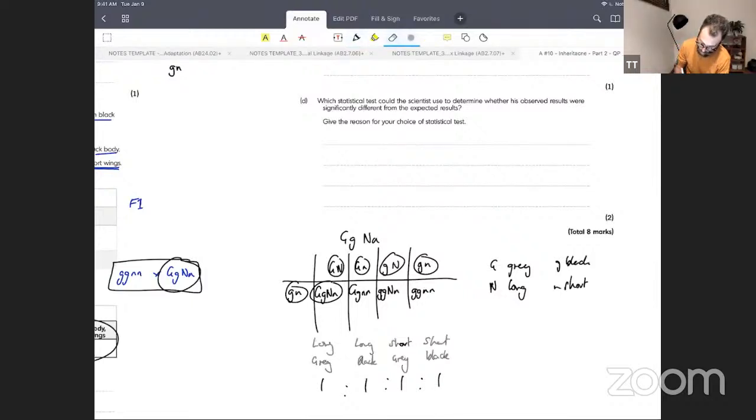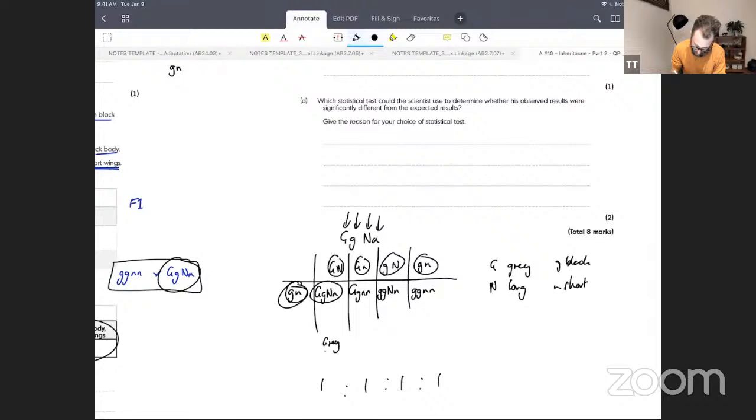But the answer is 1 to 1 to 1 to 1, because you're crossing it with a homozygous recessive, and this one has basically one of each. That's how it ends up that way. So this would actually be gray, long, gray, short, black, long, and black, short.